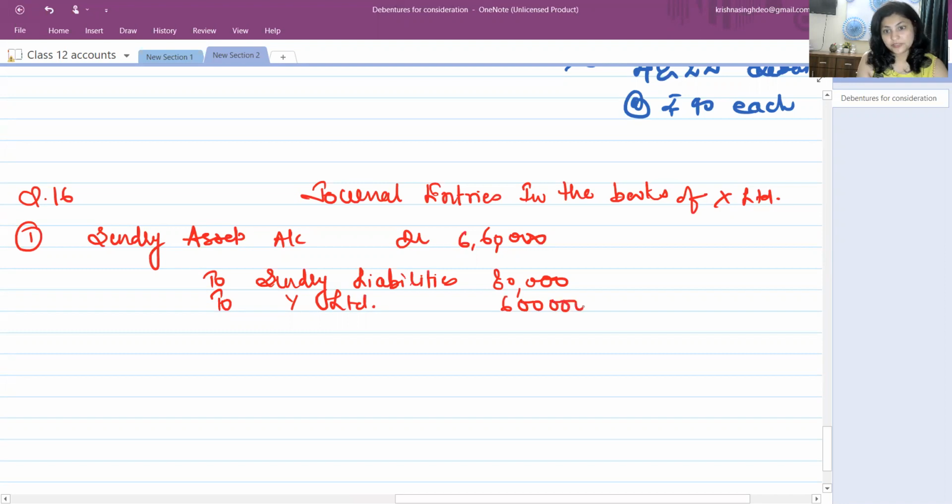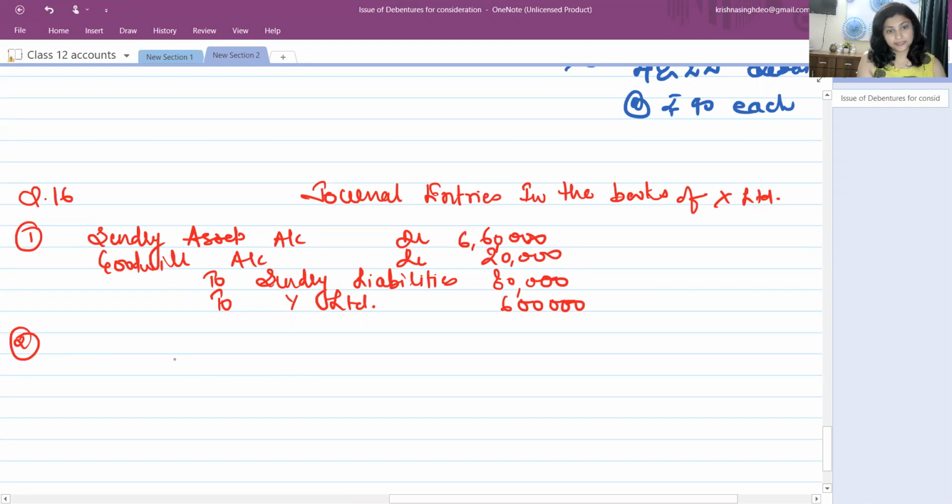So our entry is not tallying. 6,80,000 is coming on the liability side and 6,60,000 on the asset side, which means goodwill is the balancing figure. So goodwill account debit 20,000 rupees. This is our first entry.